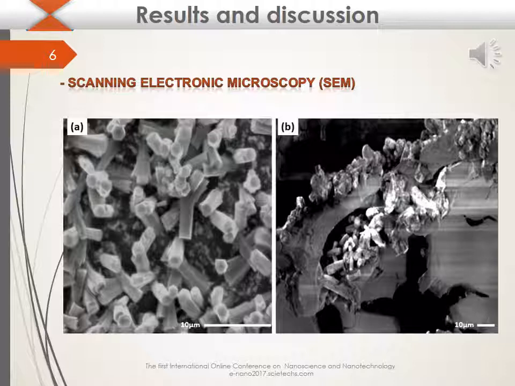The doped material, represented in figure B, indicates the formation of nanorods with different sizes at the edges, which means that doping has an influence on the surface of the nanorods.